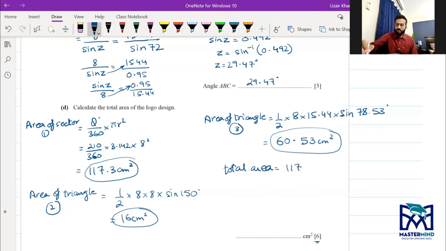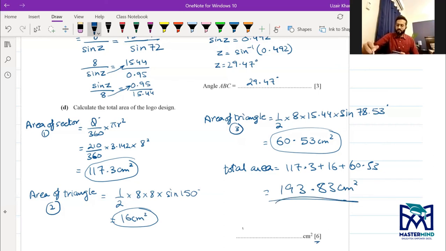So 117.3 plus 16 plus 60.53. When we add them together, the answer is 193.83 centimeters squared. And that's your final answer, so you will write it over here as well.